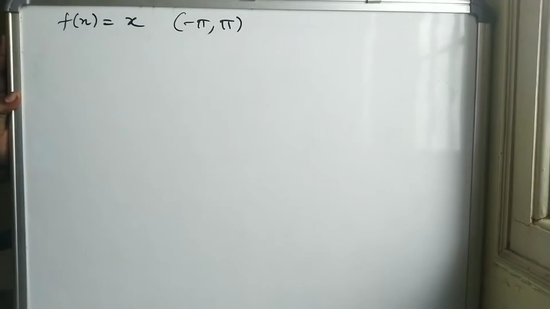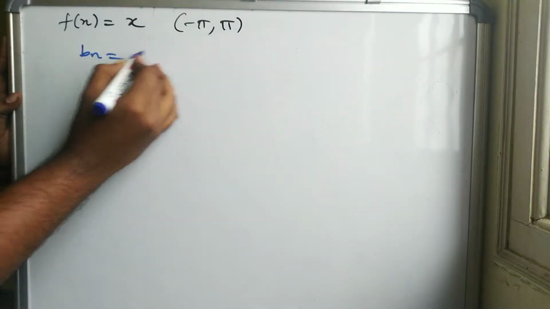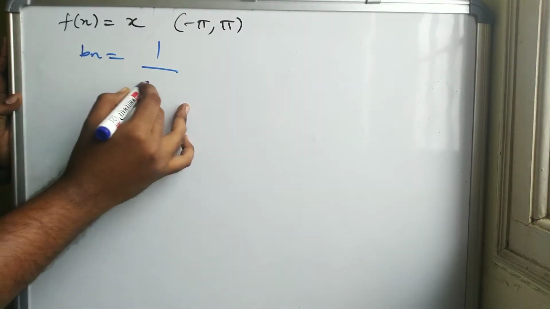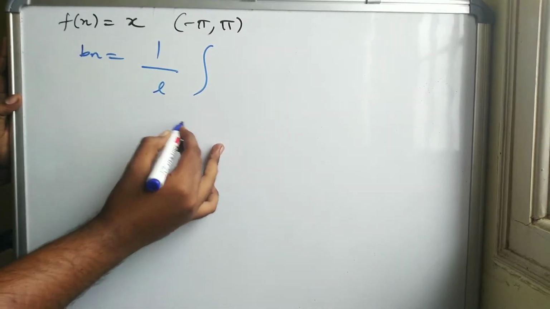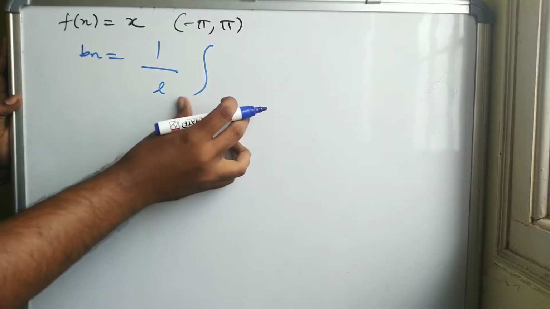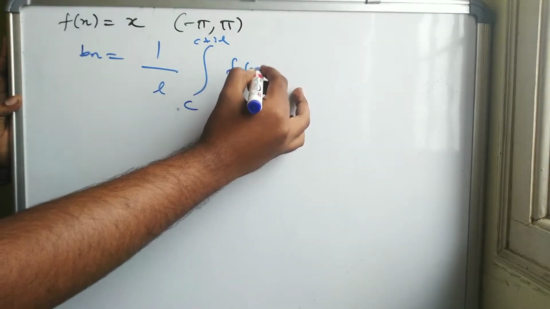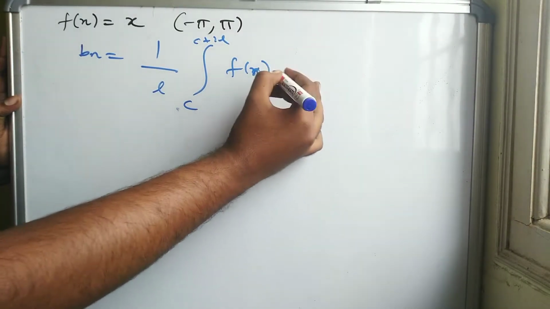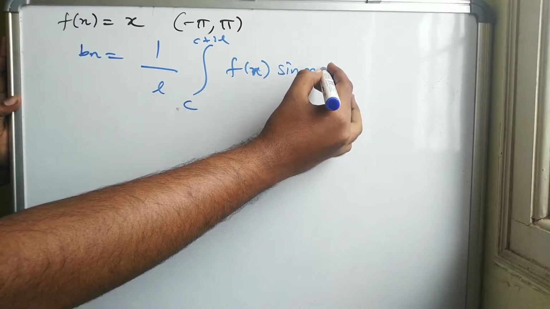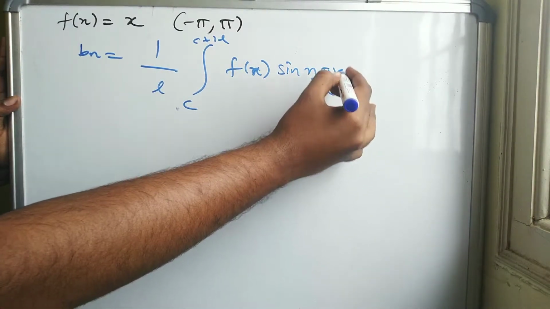So proceeding, bn is equal to 1 by L integral from c to c plus 2L of f of x into sine n pi x by L dx, the general formula.